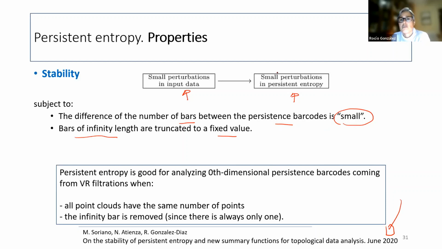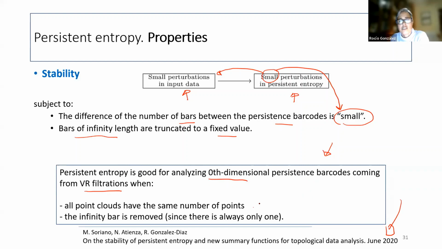So this small perturbation depends on the small perturbation in the input data and on the small difference between the number of bars of the persistent barcodes. For example, we can ensure that the procedure is stable when we work with point clouds and compute the Vietoris-Rips filtration, and we take the zero-dimensional persistent barcodes.